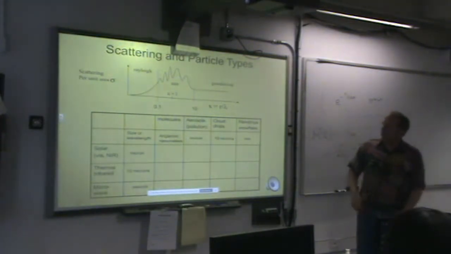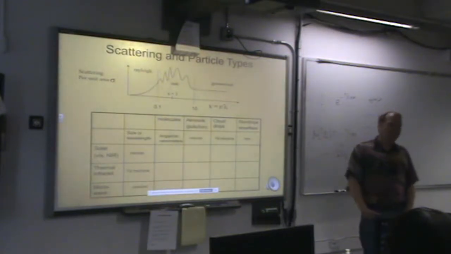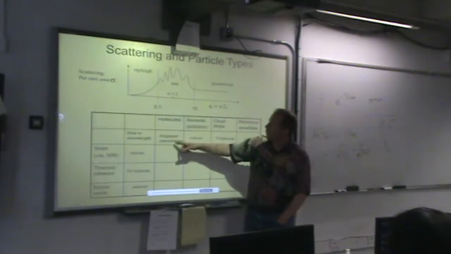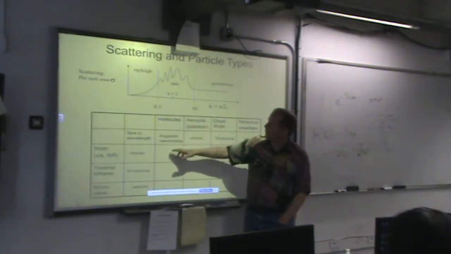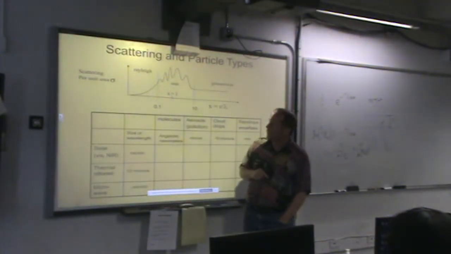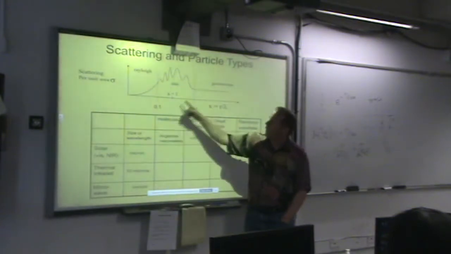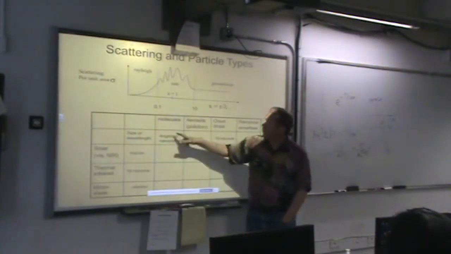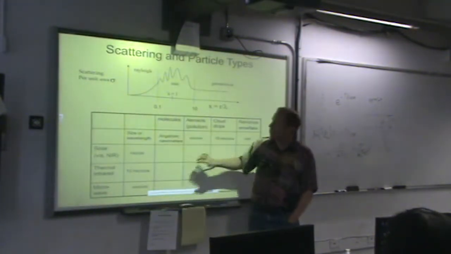So, given these numbers, let's go ahead and classify the different scattering regimes you're in. We have molecules, angstroms to nanometers, and we're in the solar spectrum here, in the microns. Which one of these would that be? Rayleigh, yes. The wavelengths are much larger than the size of the particles.